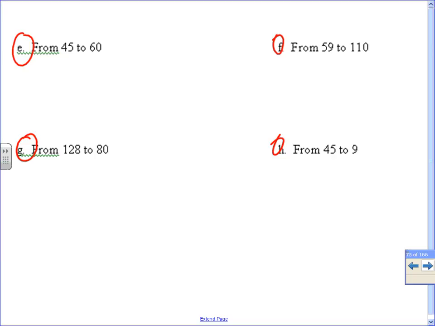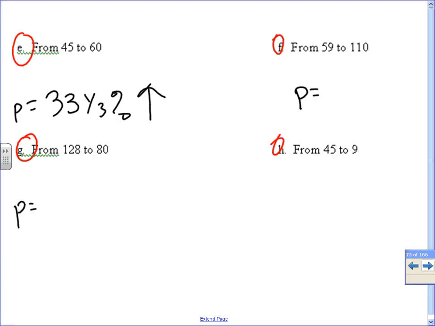Okay, Zach, letter E. Just tell us your answer, please. Good, 33 and a third %. Is it an increase or decrease? Good. Briar, letter F. Okay, letter G, Briar. Okay, keep going.